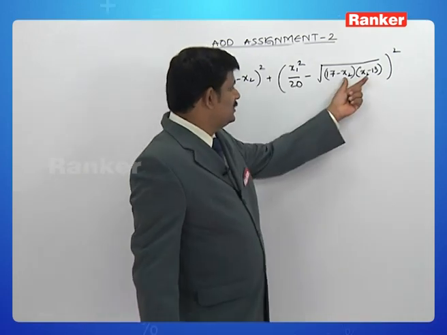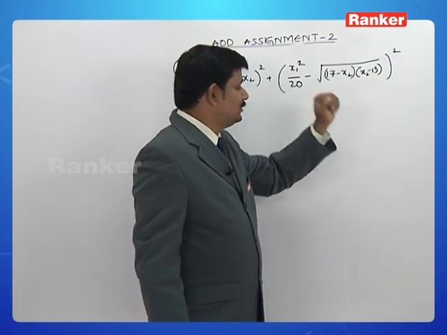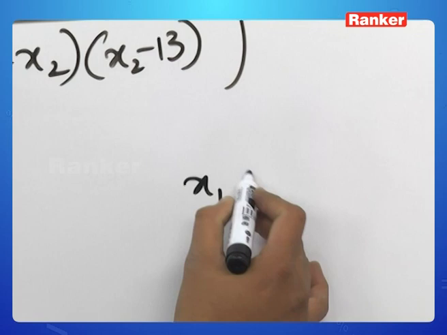That is the main constraint for this. For this to be meaningful, x2 should belong to 13 to 17 and x1 is given to be a positive real number.